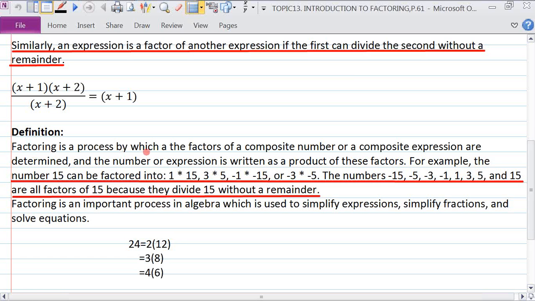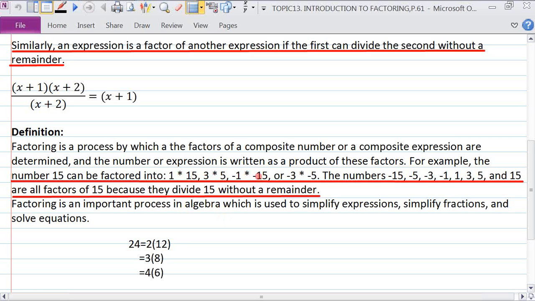So factoring is a process by which the factors of a composite number or a composite expression are determined, and the number or the expression is written as a product of these factors. For example, the number 15 can be factored into 1 times 15, the asterisk here means times, 3 times 5 gives you 15.